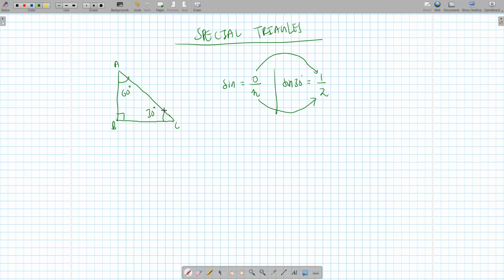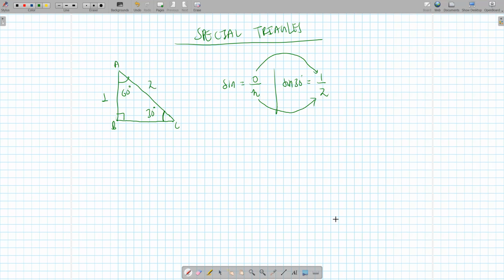So look at it from the 30 degrees perspective, okay? What's the opposite side? It is a 1. You see that? What's gonna be the hypotenuse? 2. What's gonna be its adjacent?